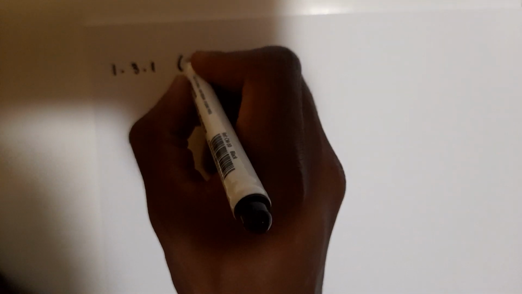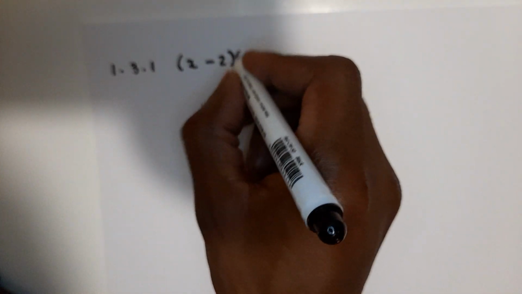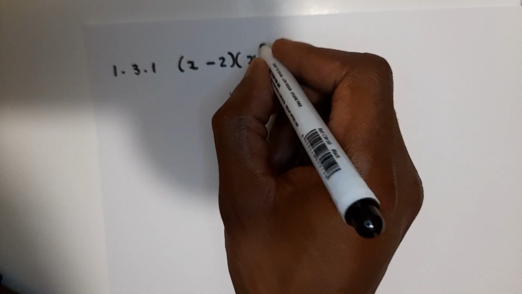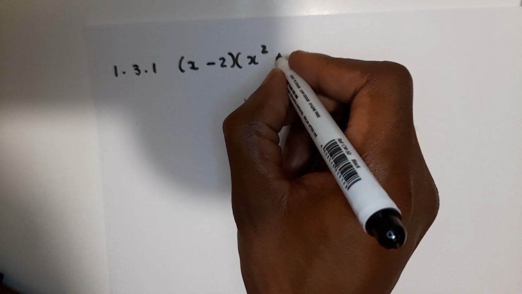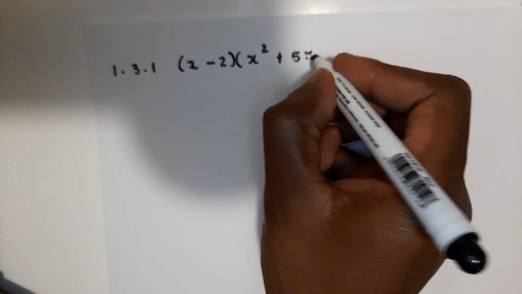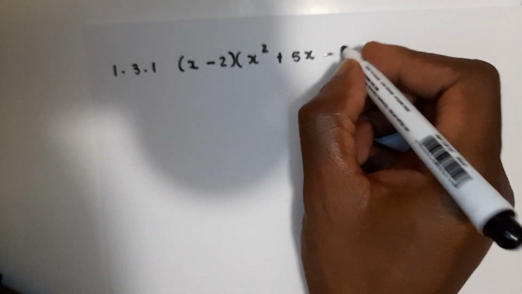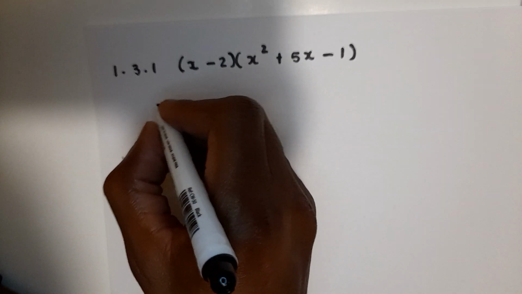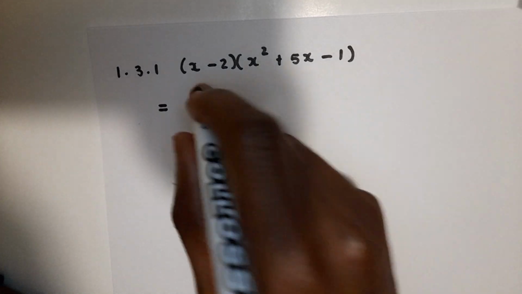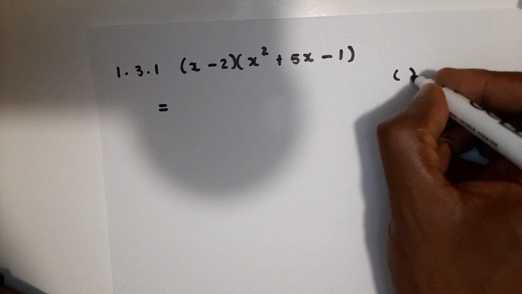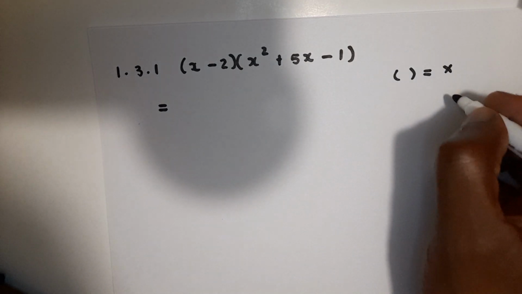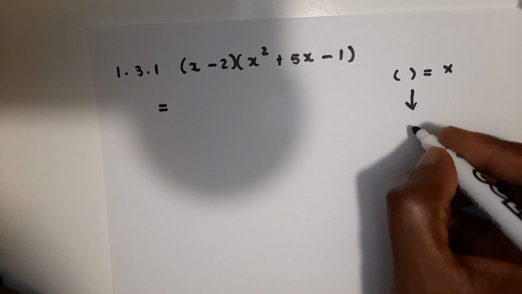1.3.1. x minus 2, which should be multiplied by x squared plus 5x minus 1. These grade 10s, I always say whenever I see brackets they tell me that I should multiply, and I like to think of it in this way.